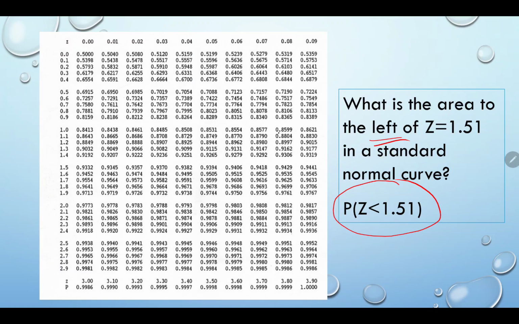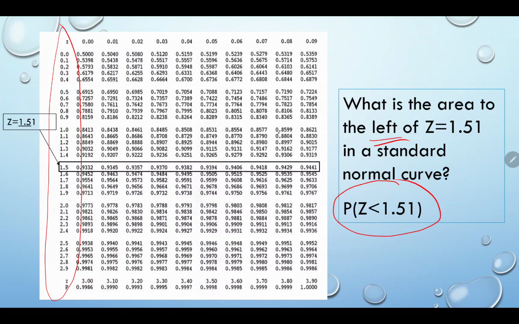So we go to 1.51. Ang gawin nyo lang, yung 1.5, kukuhanin nyo siya, itatapat nyo siya, hahanapin nyo siya dito sa vertical values na to, yung ones at saka yung tenths after the decimal. So hanapin nyo 1.5. Ang natira dyan ay yung 0.01.